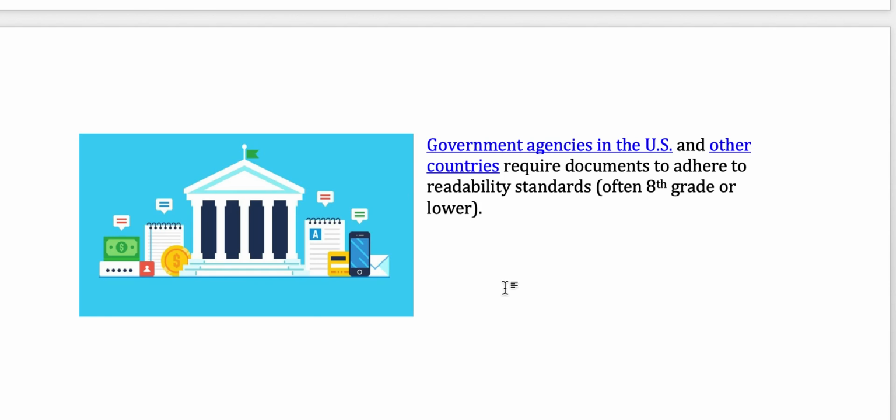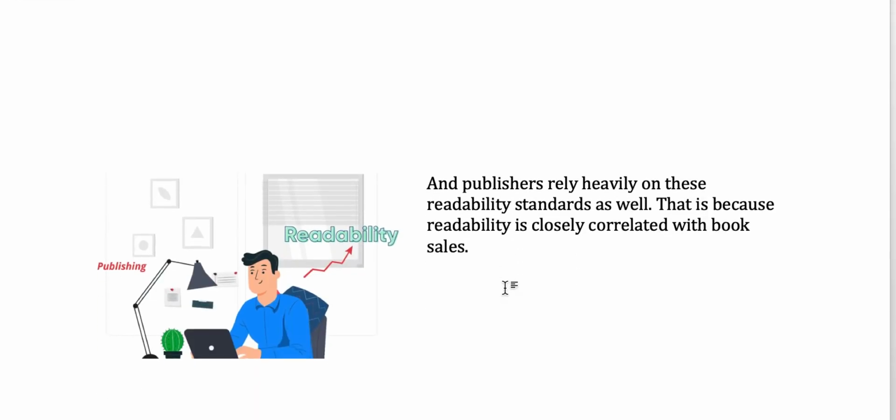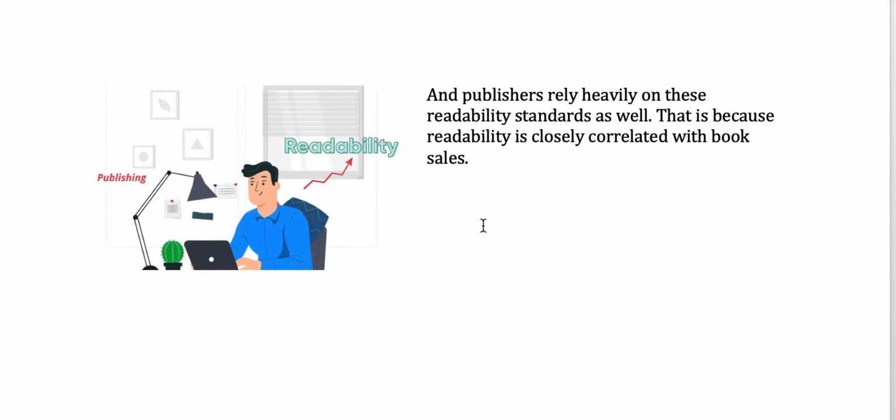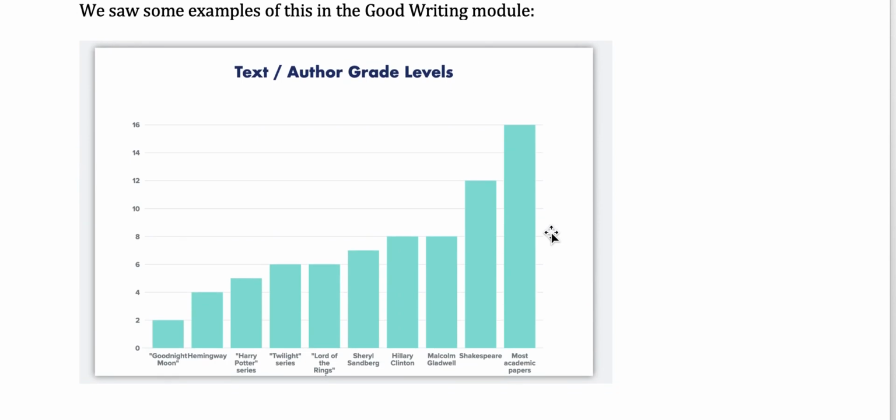Government agencies in the US and the world over require documents to adhere to certain readability standards, usually 8th grade or lower. That's because you shouldn't have to have a high school education to understand what the government is telling you. Publishers rely very heavily on these readability standards. That's partly because they want people to understand what they're reading, but it's also because readability is closely correlated with book sales. We saw this in the good writing module.